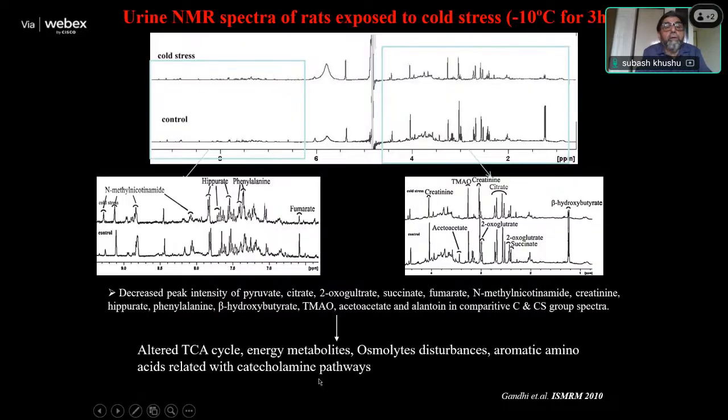And here this is the control animal, and this animal has been exposed to cold stress. You can see many of the energy metabolites or biochemicals have had disturbances, alterations in their concentrations when they were exposed to cold stress at minus 10 degrees for 3 hours every day.